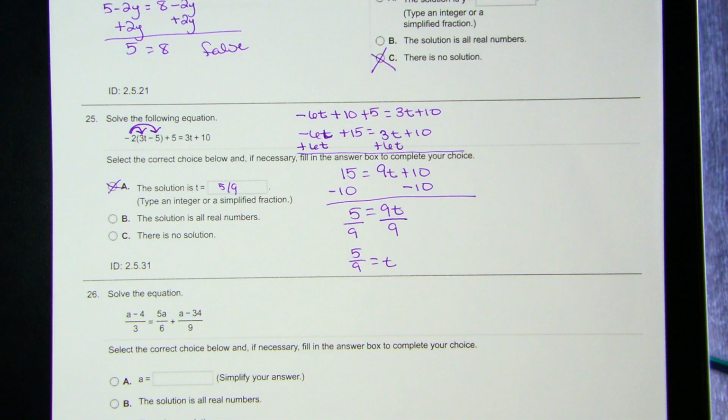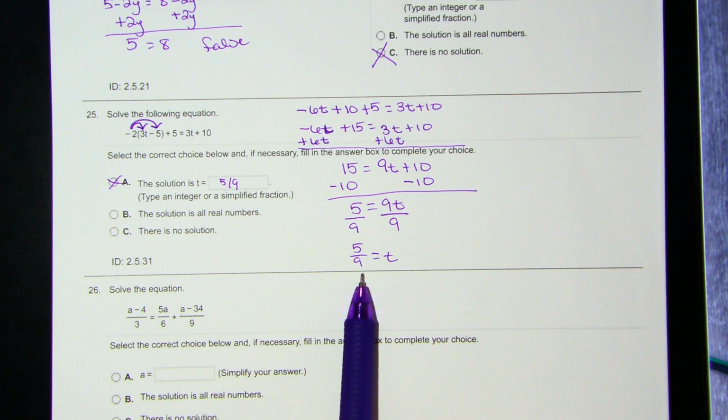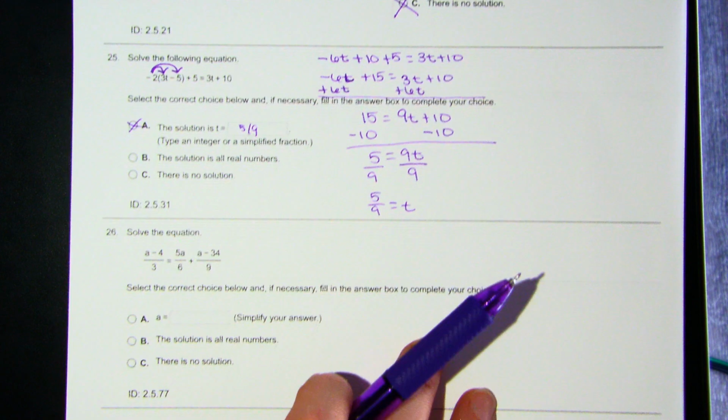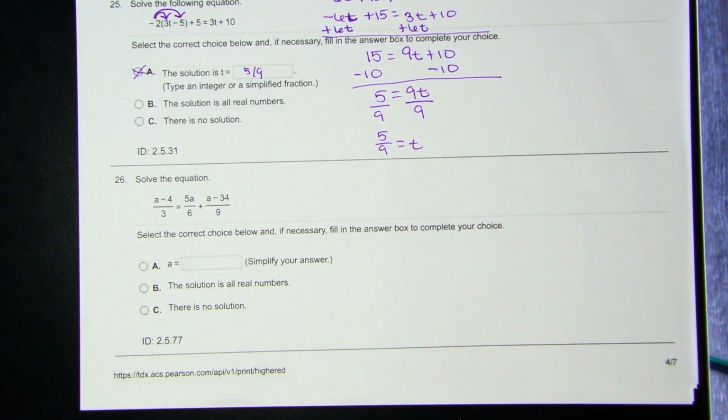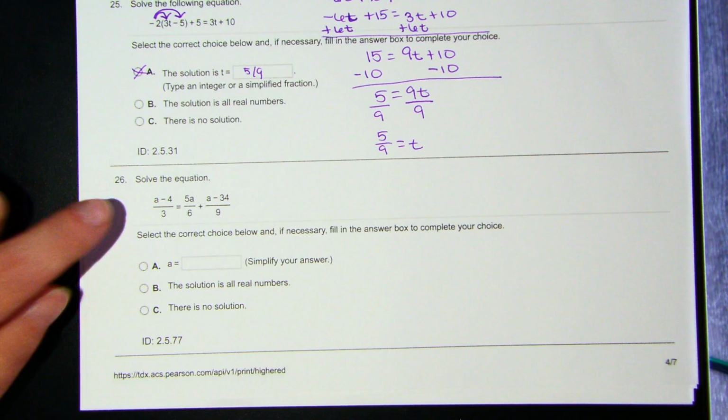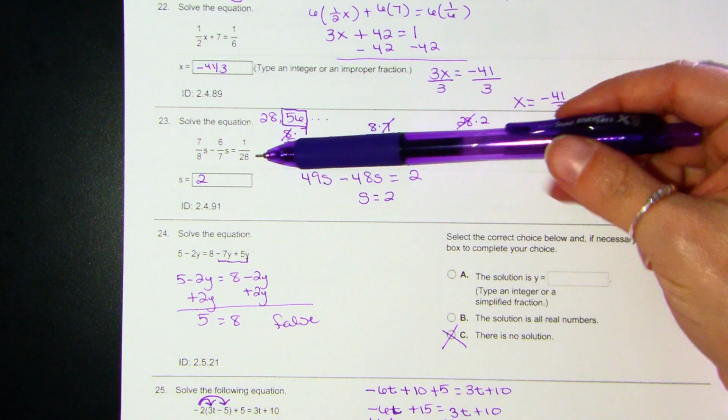All right, let's look at 26. 26 is fraction equal fraction plus fraction. It's a lot of fractions. So I would treat number 26 the exact same way we treated number 23 up here. Multiply everything by the LCD and get rid of those fractions. Always. So we have 3, 6, and 9 as our denominators.